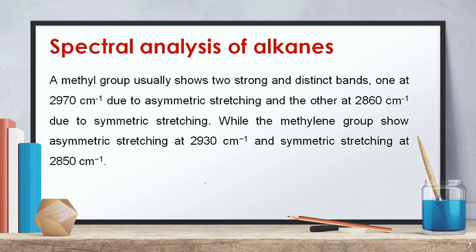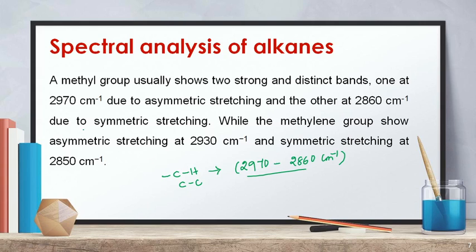Generally, for alkanes we will find 2 types of absorption bands: CH absorption band and CC absorption band. The CH absorption band will be present in the range of 2970 to 2860 centimeter inverse. This is the range of absorption band for alkanes.